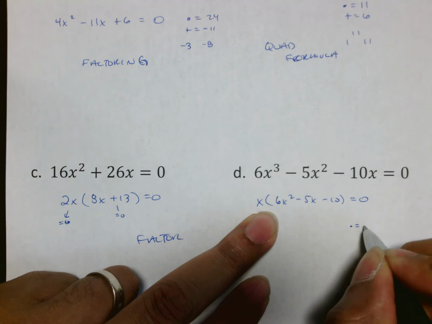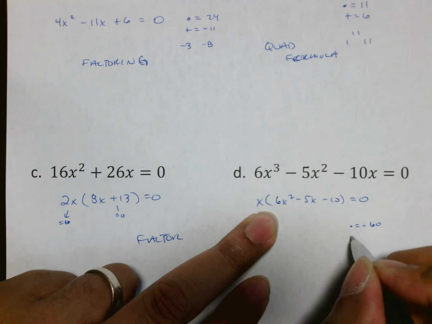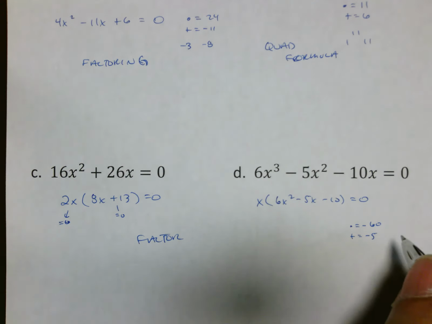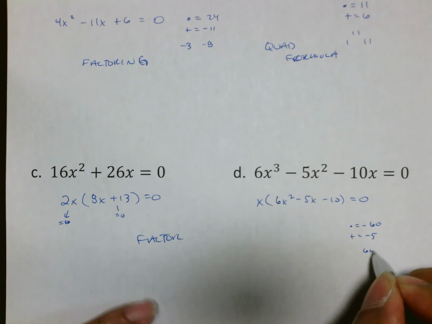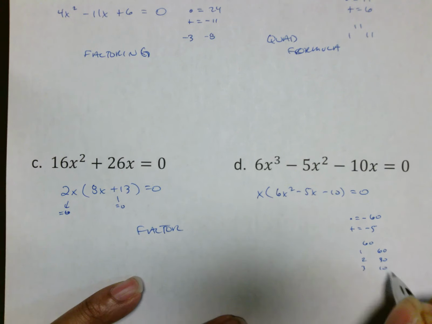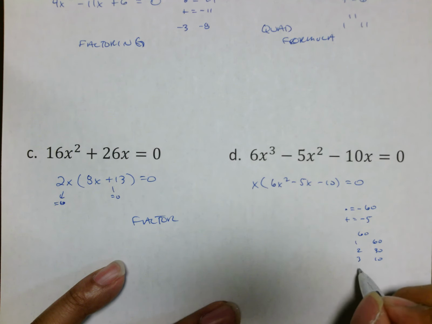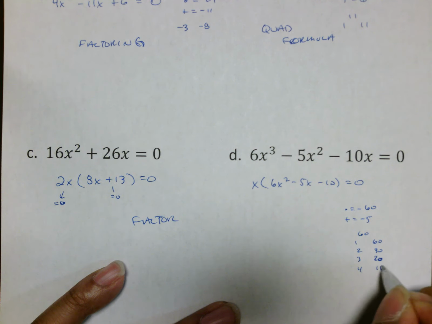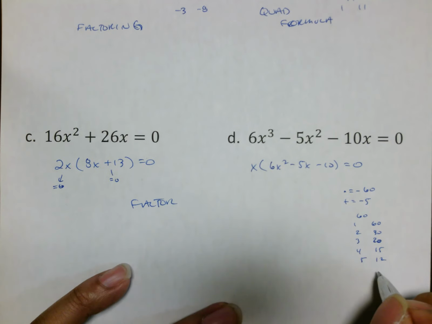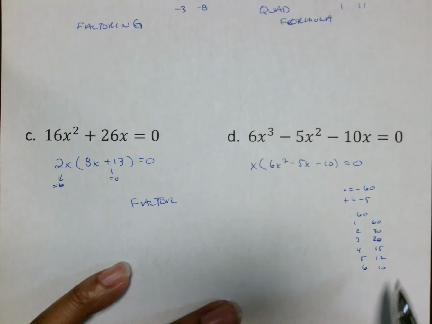Numbers that multiply to be negative 60 and add to be negative 5. I don't think that exists. So 1 and 60, 2 and 30, 3 and 20, 4 and 15, 5 and 12, 6 and 10.